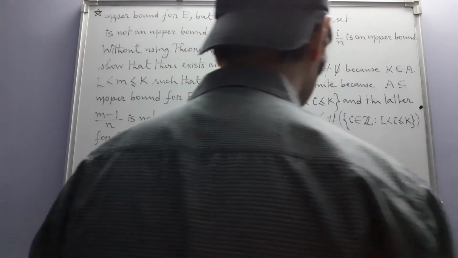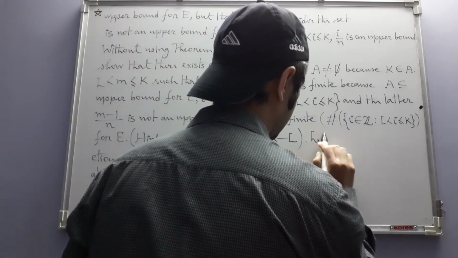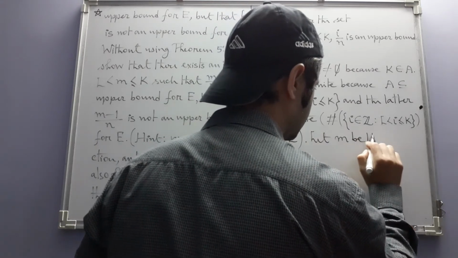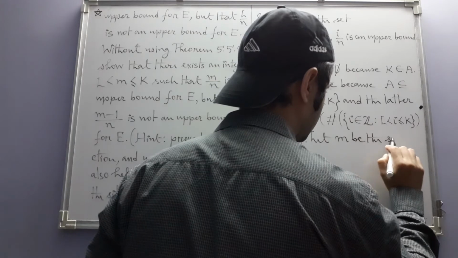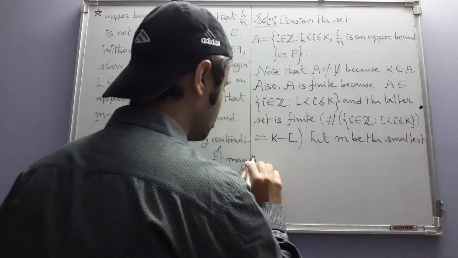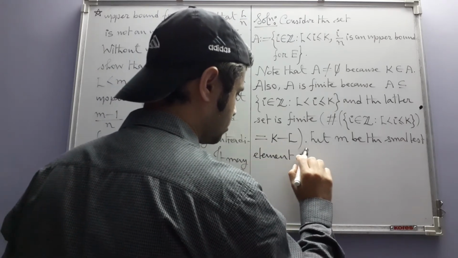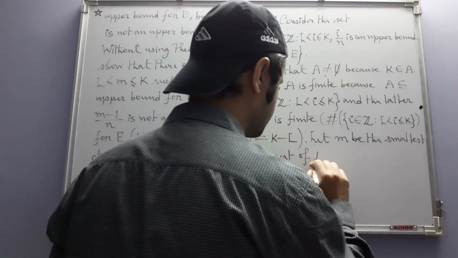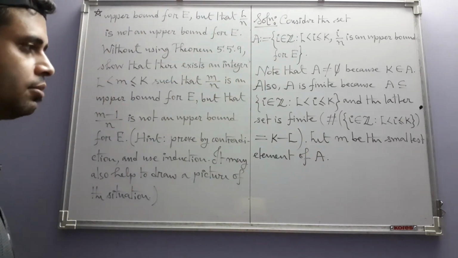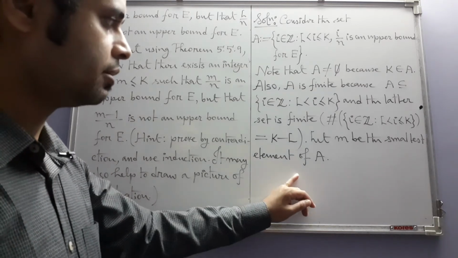We need the smallest element of A here. Let M be the smallest element of A. Okay, so there are two things in this statement.